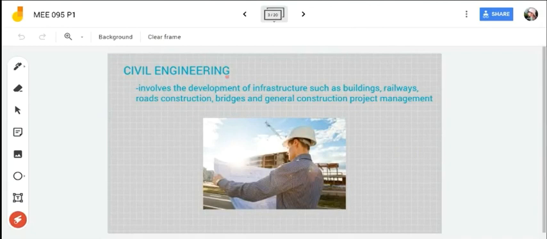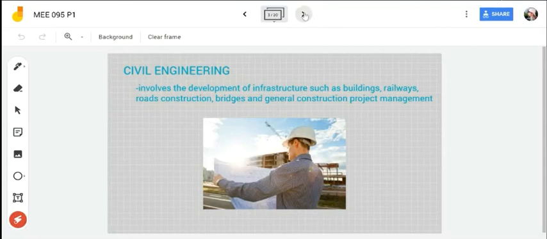From definition, civil engineering involves the development of infrastructure such as buildings, railways, road construction, bridges, and general construction project management. And then take note of the word, it involves the development of infrastructure. So anything or the branch of engineering that focuses on or yung mga alike things, it is called the civil engineering.